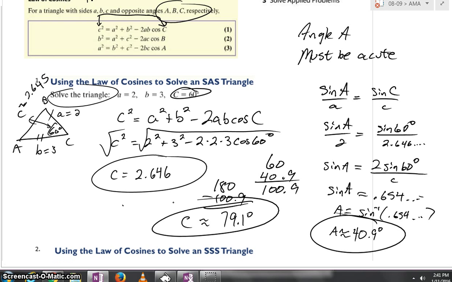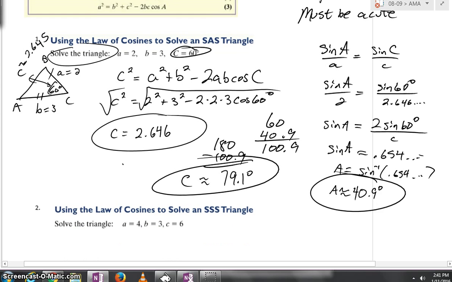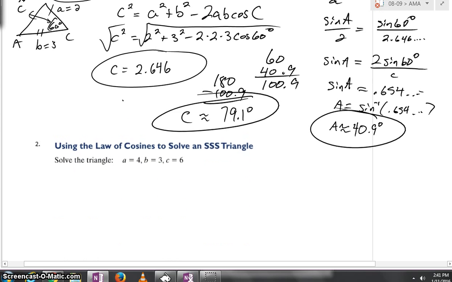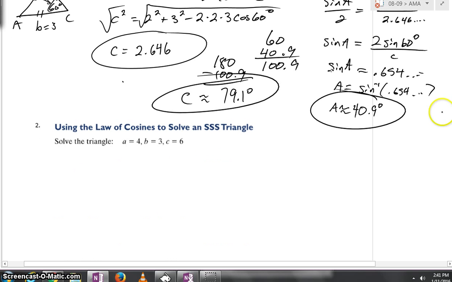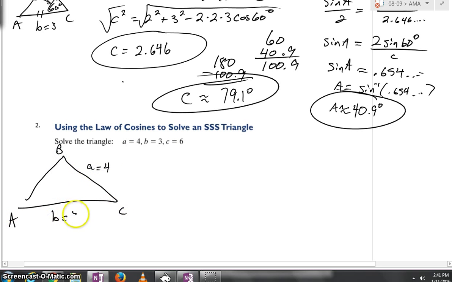Well, you might have noticed I said that there are multiple ways you can find angles. You could use the law of cosines to find an angle as well. And that, by the way, is preferable to many students because you won't have to worry about a quadrant issue.